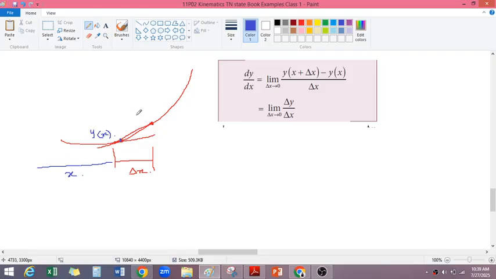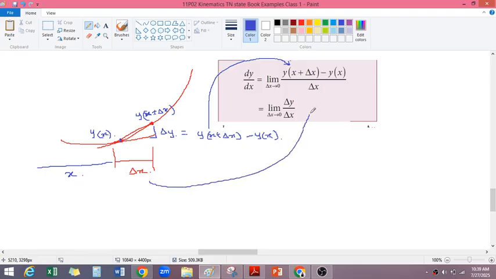Then what is this point? y of x plus delta x, because this is x and this is delta x. So this is delta y. What is delta y? This minus this. That is what is written here: y of x plus delta x minus y of x. And this is delta x. So delta y by delta x is written here.